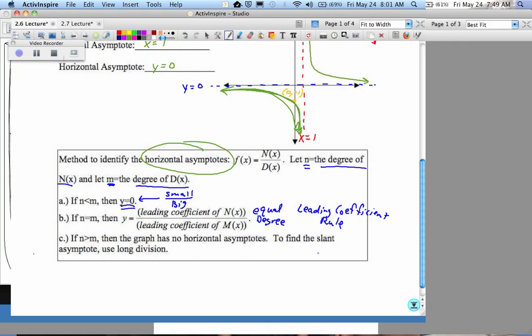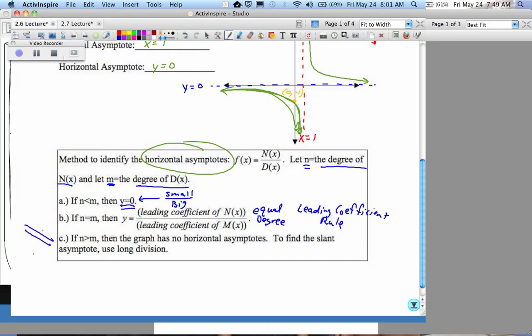What's the leading coefficient? It's the number in front of the variable that has the highest exponent. So if you look at it and nobody has ordered it correctly, grab the term that has the highest exponent, write it out front, and that number is called the leading coefficient. So if the degrees are equal, you just take the leading coefficients and you divide them. It'll be y equals that number.